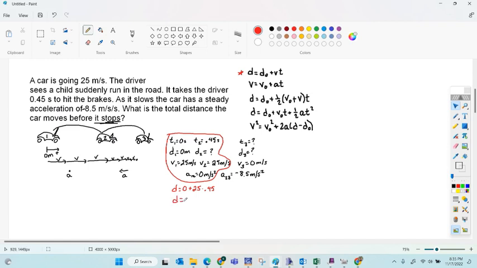So the position so far where it went to is 11.25. How far we moved from here to here was 11.25 meters.